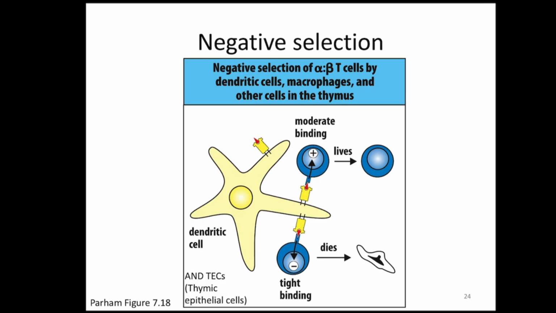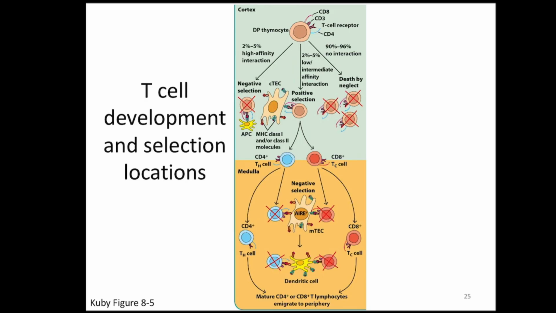And then you can also see negative selection happening. You can see these events of negative selection here, where again, if the binding is medium, the cell is living. If the binding is really high, the cell is dying and is getting negatively selected. In general, many of these events are happening now as we're getting to the medulla.